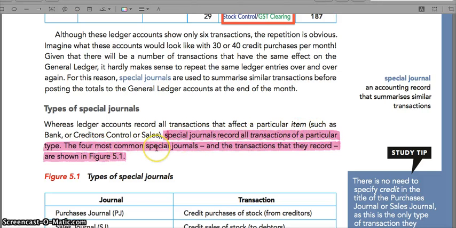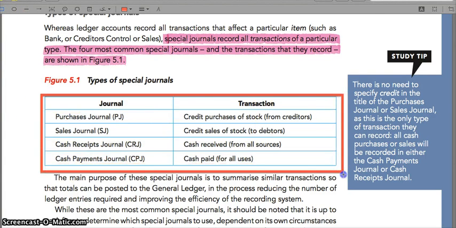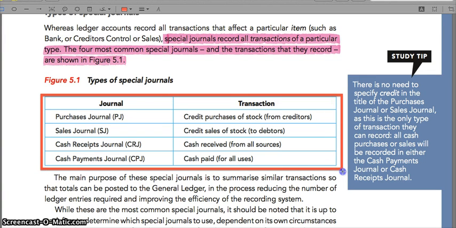The four most common special journals and their transactions are these ones. We really need to be writing these two down, so this definition here and this here.